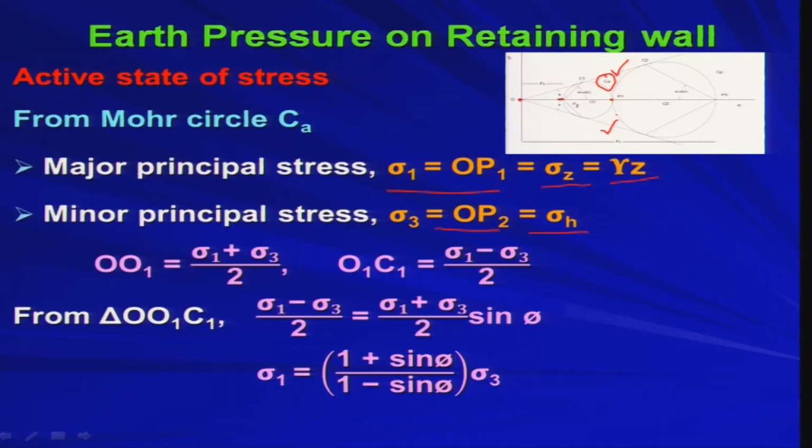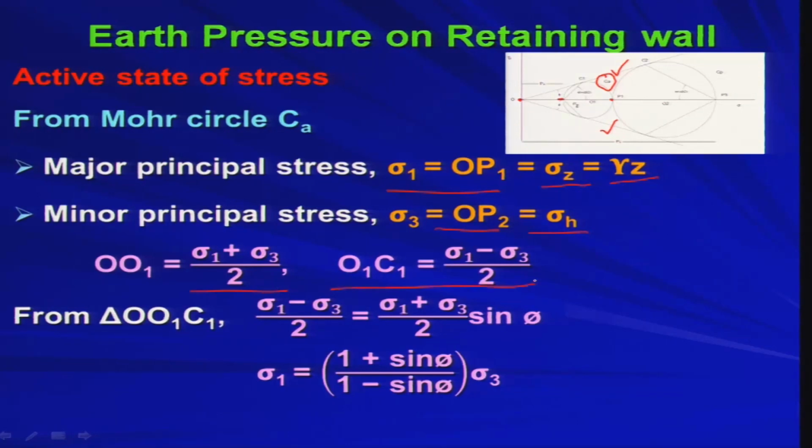So, OO1 is nothing but sigma 1 plus sigma 3 by 2, that is the distance between the center of the Mohr circle and the origin of the plot. So, sigma 1 plus sigma 3 by 2.